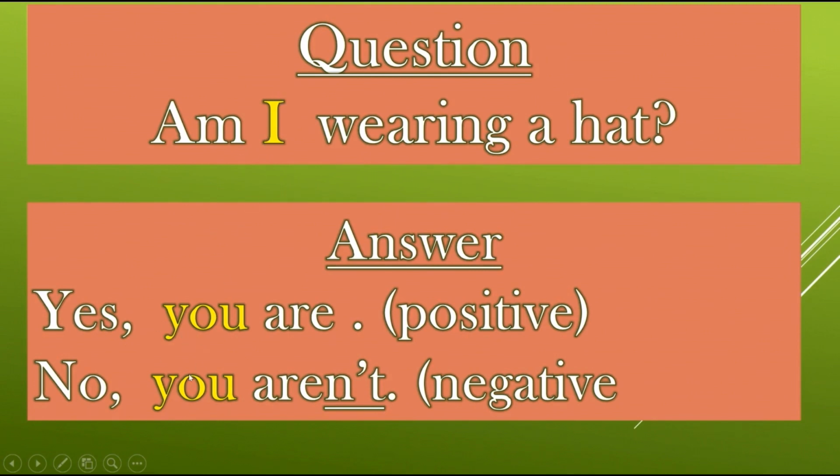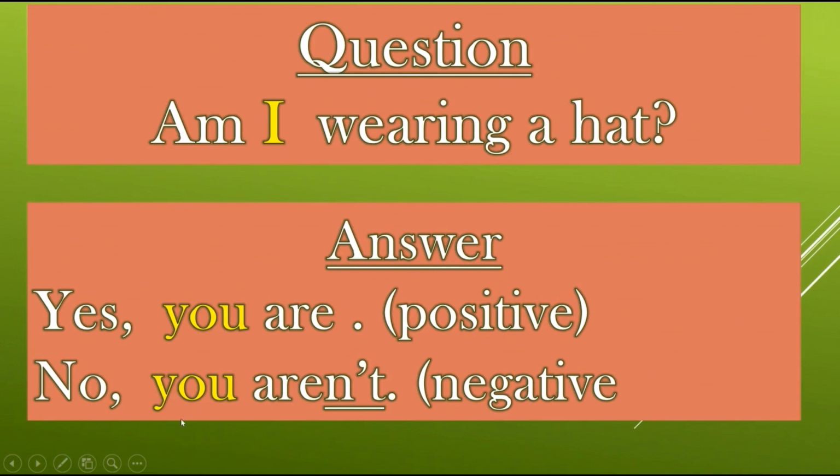So the subject is different. Here, am I wearing a hat? Yes, you. What is the verb to be of you? It should be are. So you say yes, you are in the positive.